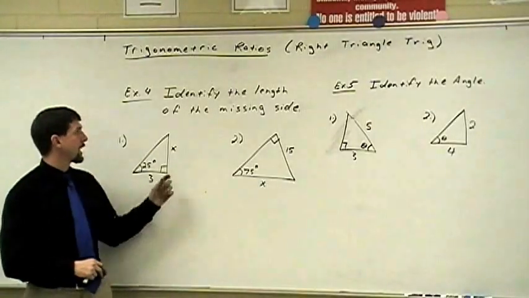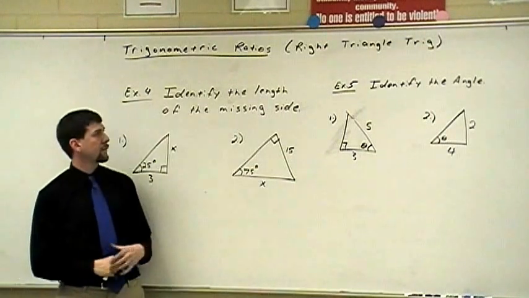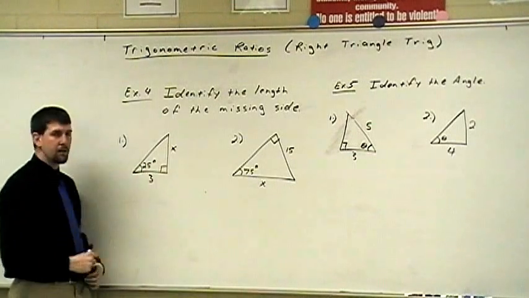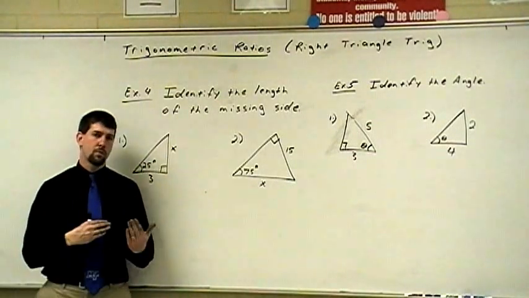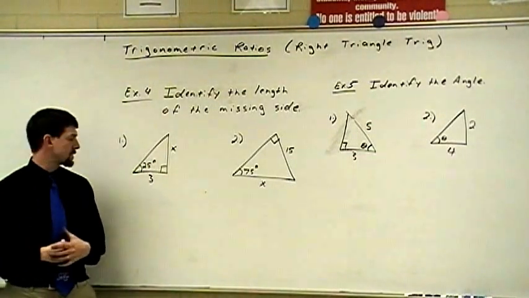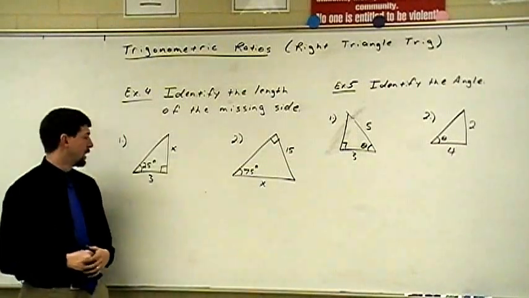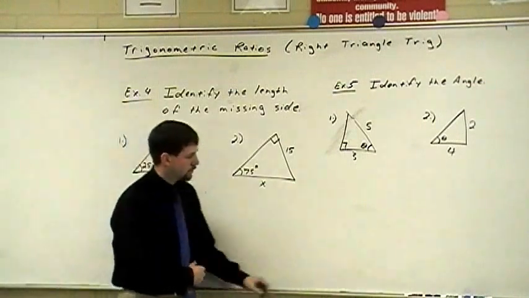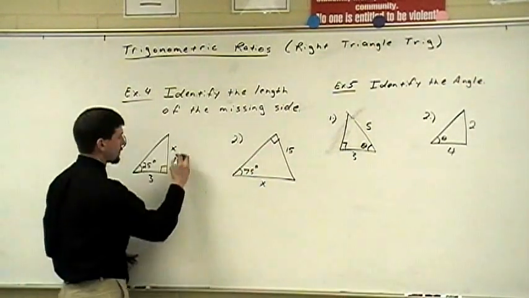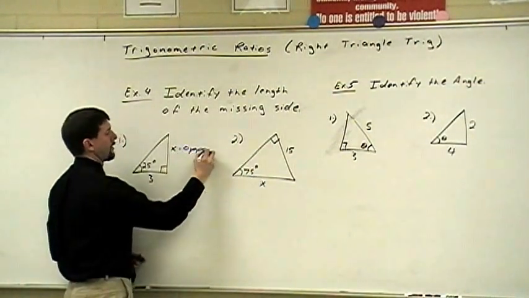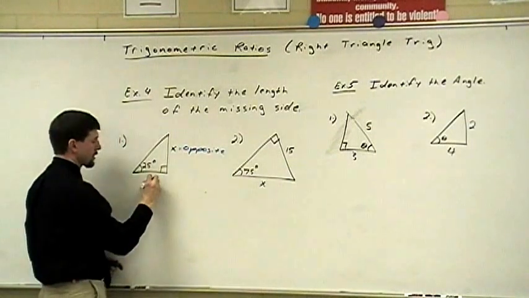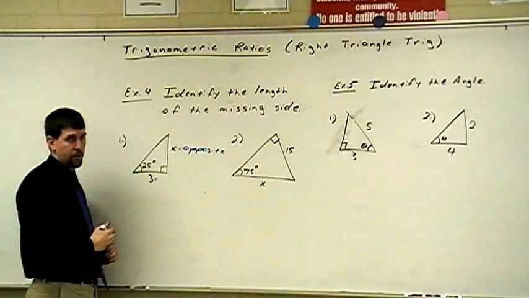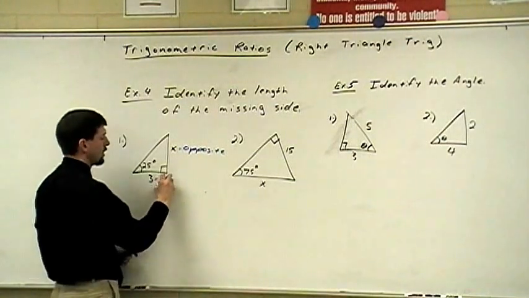Now, if we look here at example 4, identify the length of the missing side. Notice we're missing the side opposite of the angle we're given. So we're going to use one of our trig ratios that uses the opposite as part of the ratio. Now, look at the other piece you're given. We are also given this 3. 3 in this case would be adjacent because it's adjacent to the angle that we're given, the 25 degrees.